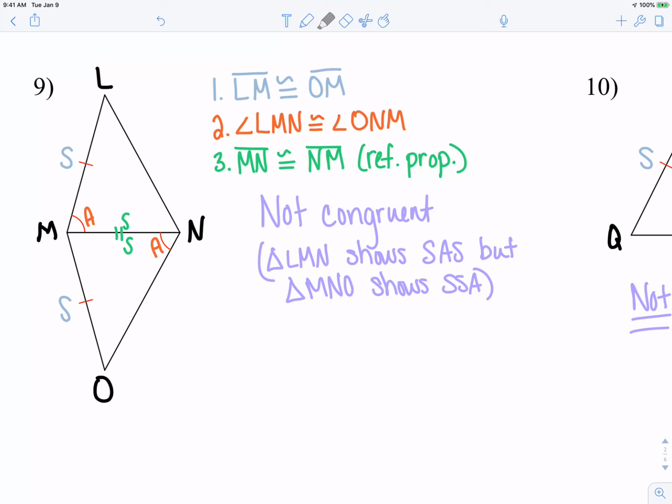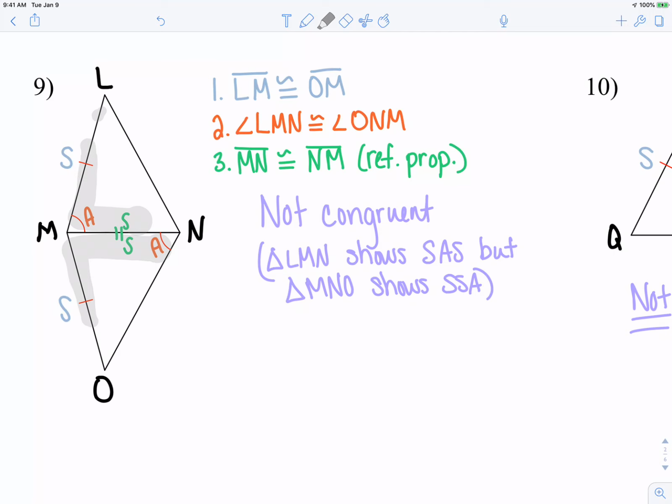All right, number 9. Sides LM and OM are congruent. Then we have the angles LMN and ONM that are congruent. The shared side is congruent to itself by the reflexive property. But these triangles are not congruent because even though the top triangle shows side angle side, the bottom triangle shows side side angle.